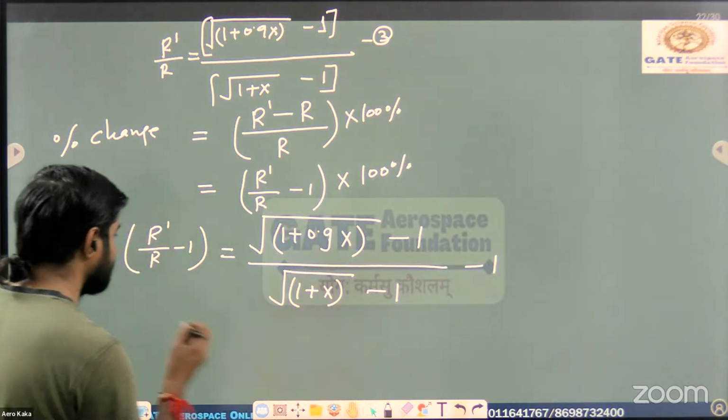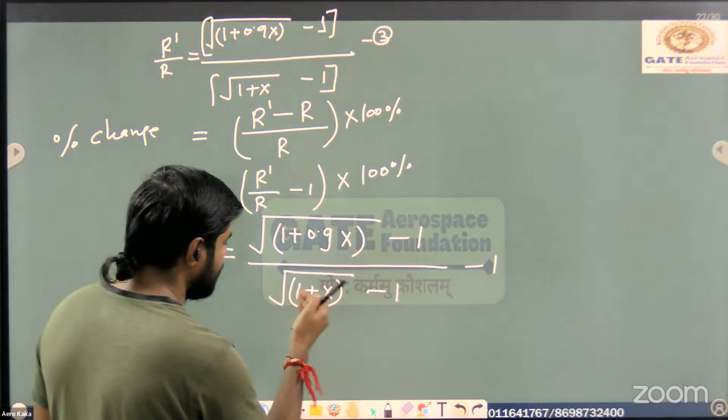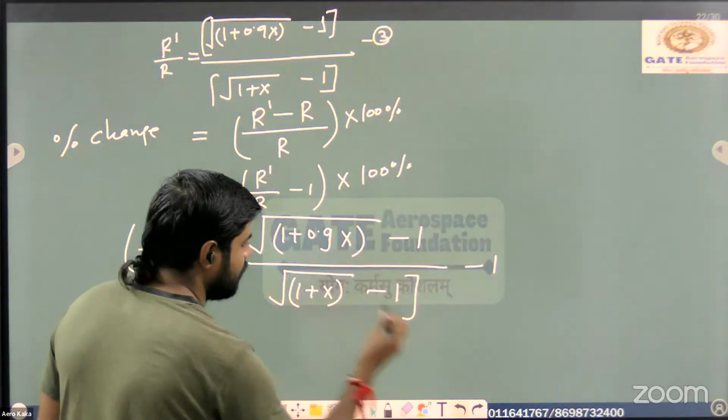Now just simplify it further. Take this LCM as root of 1 plus x minus 1 here.